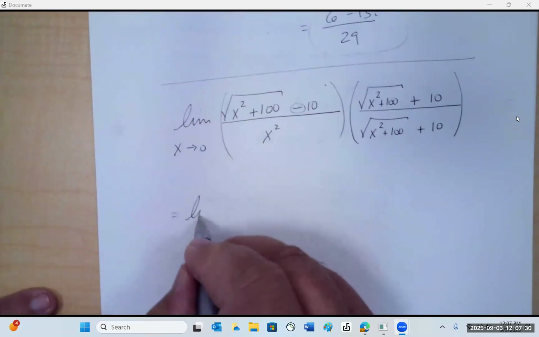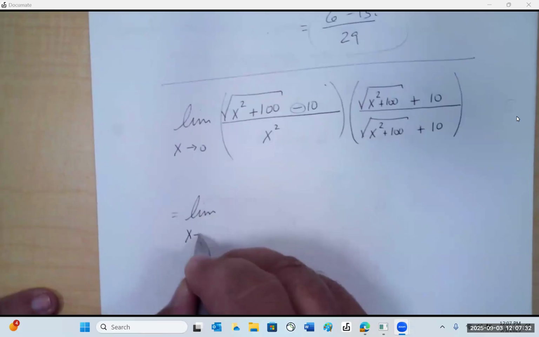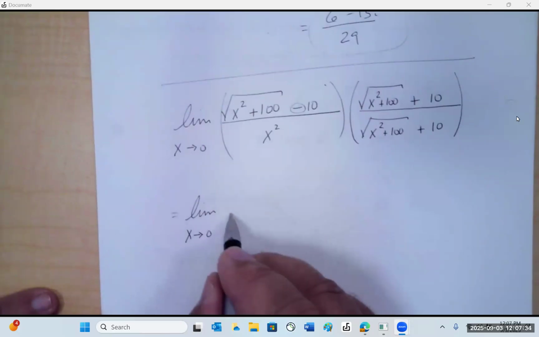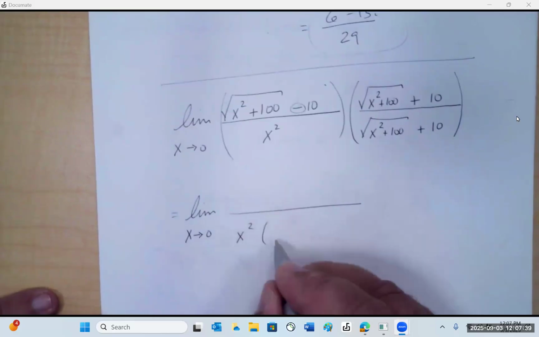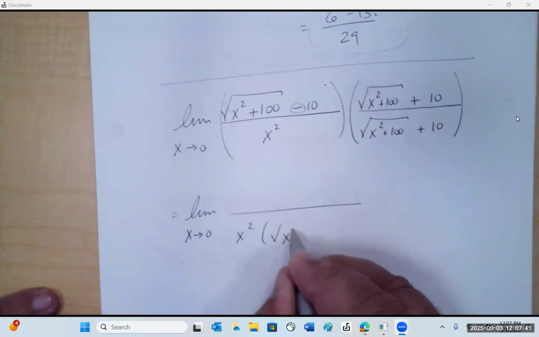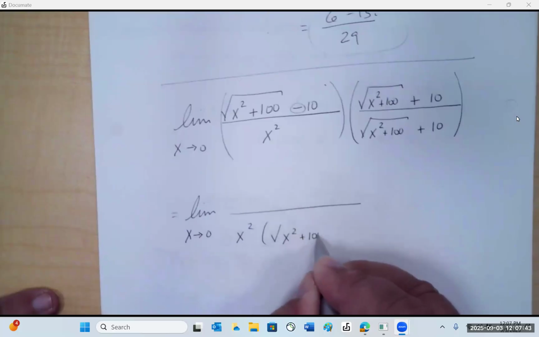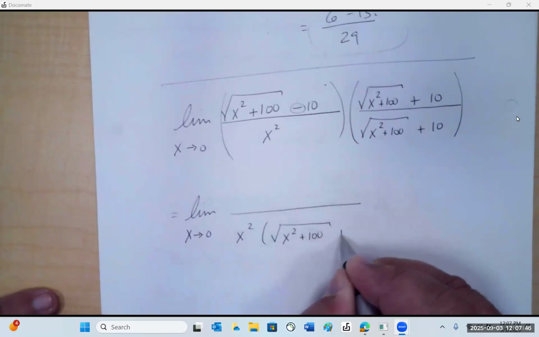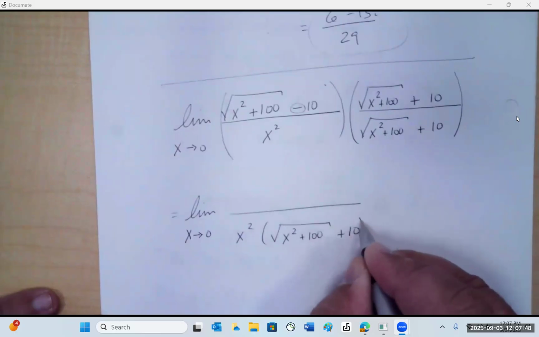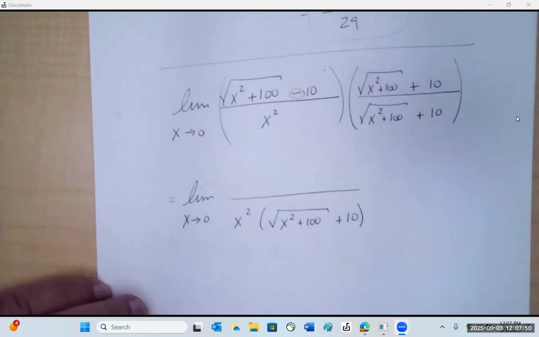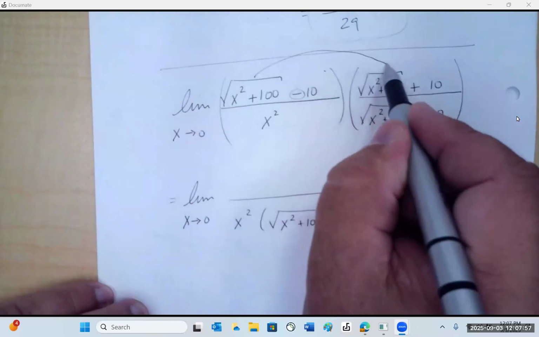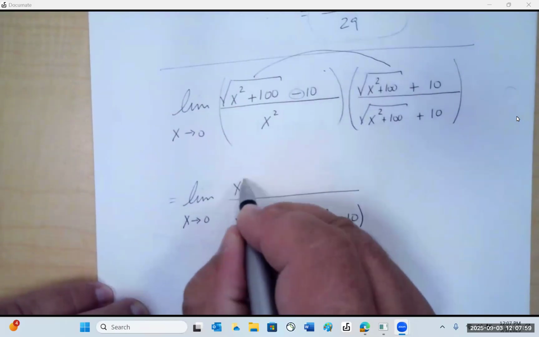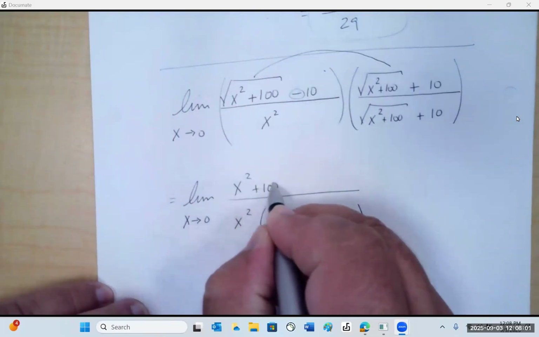So we have the limit as x approaches 0. On the bottom, leave it alone since there's not much we can do with it. Let's look at what happens on top. So we FOIL it on top. Radical times radical just gives us x squared plus 100.